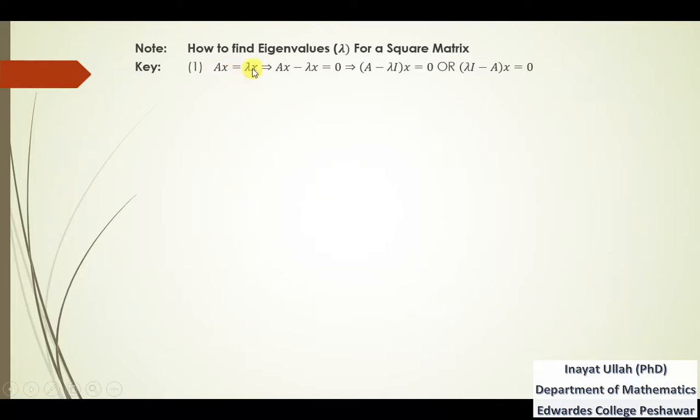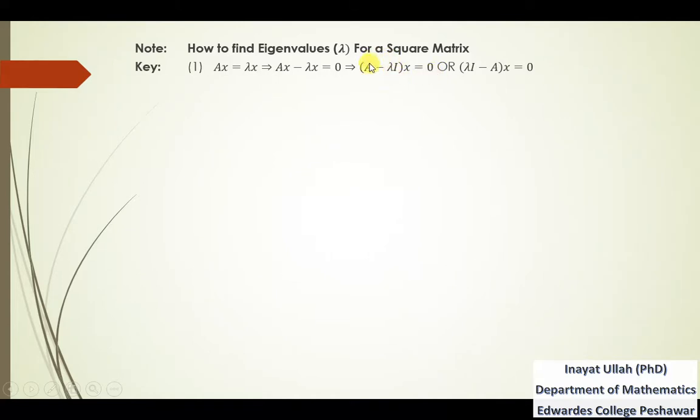Now shifting lambda x to that side, it becomes Ax minus lambda x is equal to 0, and taking x common in these two terms, because these are matrices and x is a vector in the form of a matrix, an identity matrix will be left instead of x, so (A minus lambda I) into x is equal to 0.